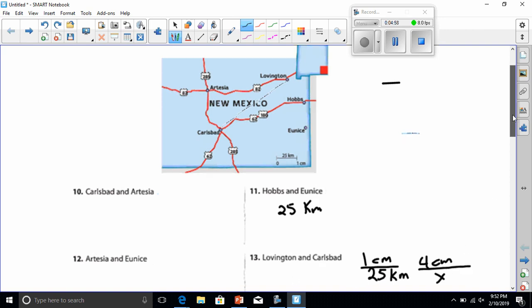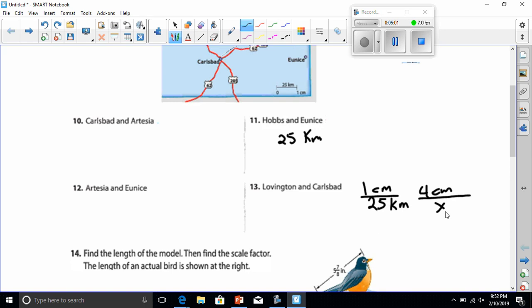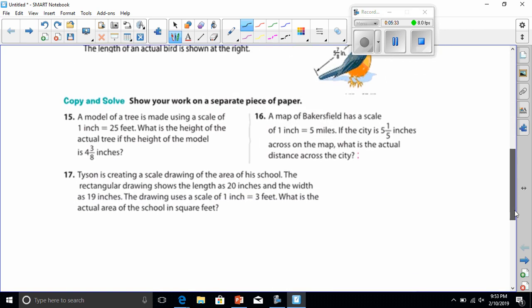That's going to give us, let's see, 1 times x, well, that's going to be x, and 25 times 4, well, 25 times 4 is 100. So x has to equal 100. So it's about 100 kilometers from Lovington to Carlsbad.